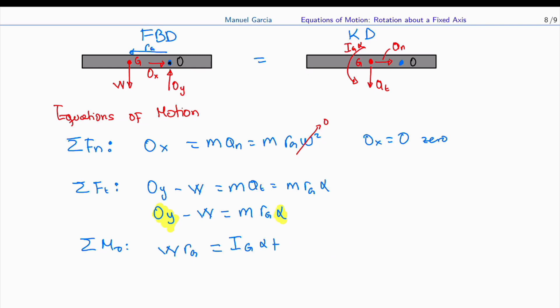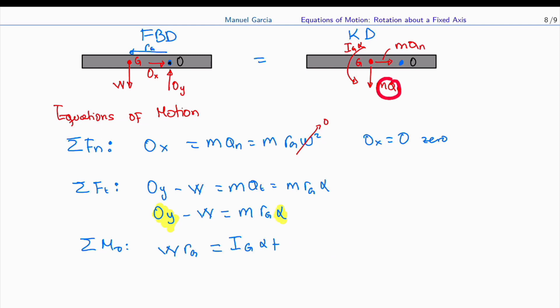So we have two moments, mass multiplied by AT, and the upper one is mass multiplied by the normal acceleration. We need to take the moment of this component with respect to O, because the moment of the normal one is 0.